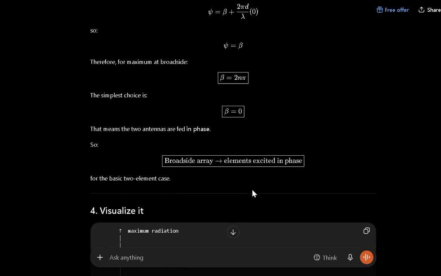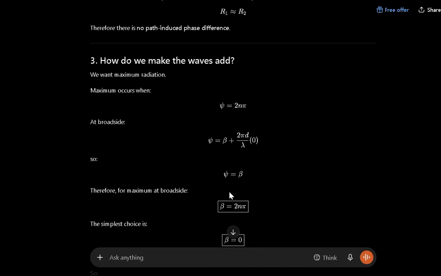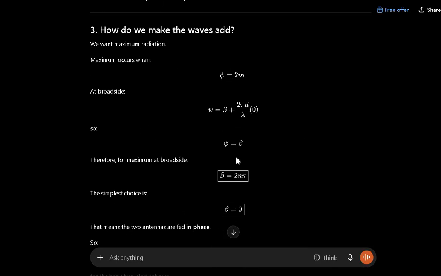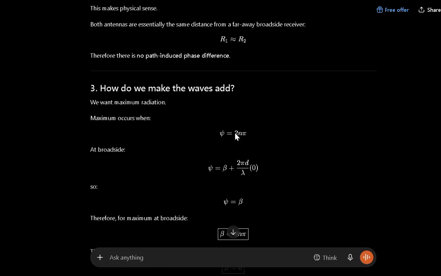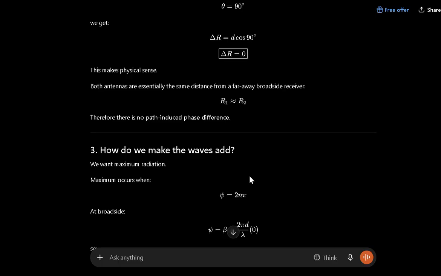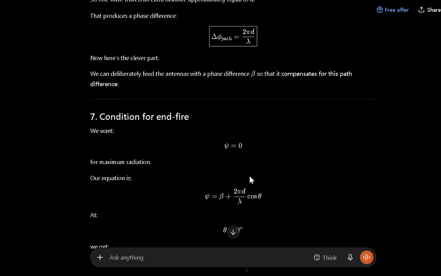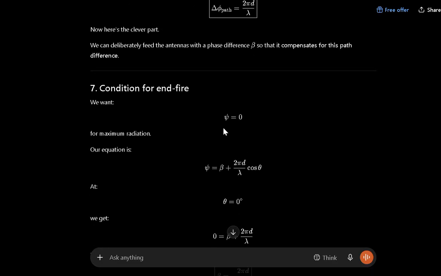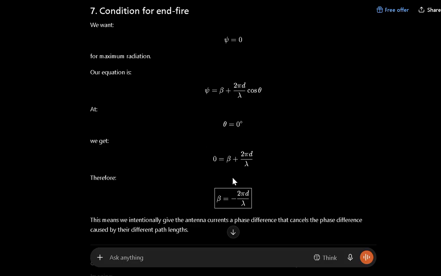Here psi equals beta, and maximum occurs at psi equals 2 n pi. Here maximum occurs at theta equals 0.